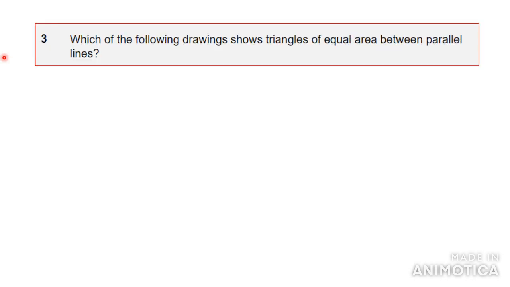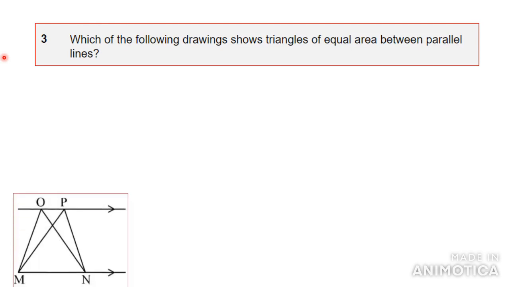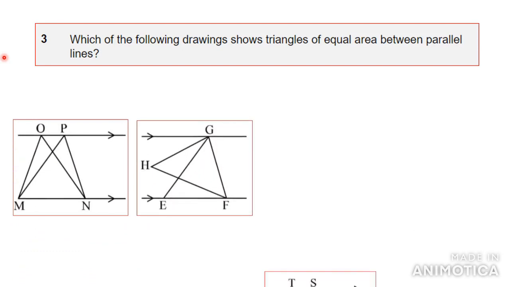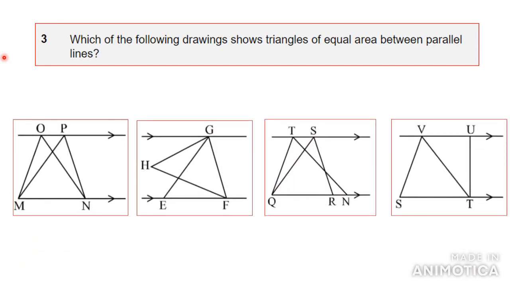Number 3, which of the following drawings show triangles of equal area between parallel lines? So you have these 4 options, and which one of the 4 shows triangles of equal area? If you look at each one, if you look at the last 3, you'll realize that the bases of the triangles are not the same.